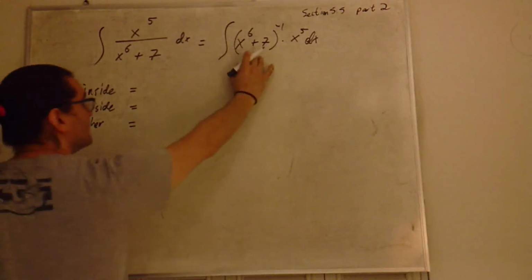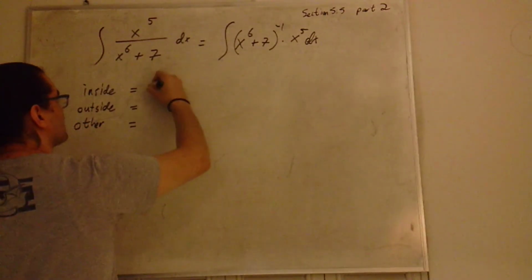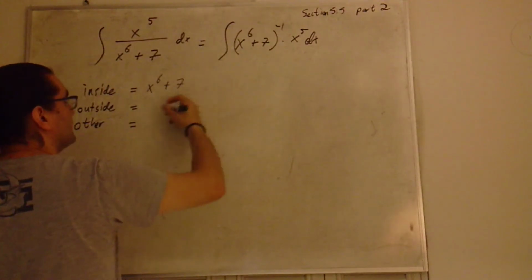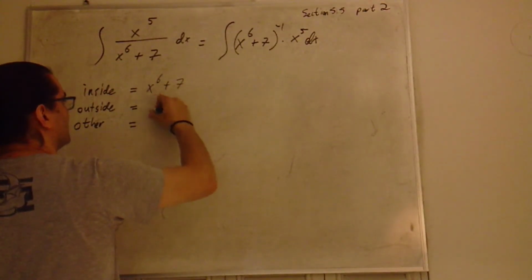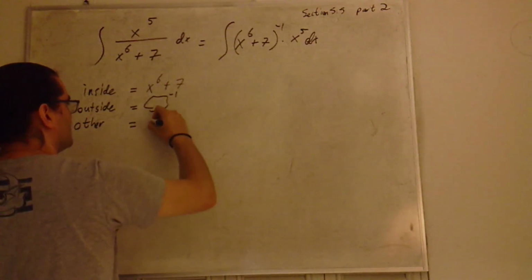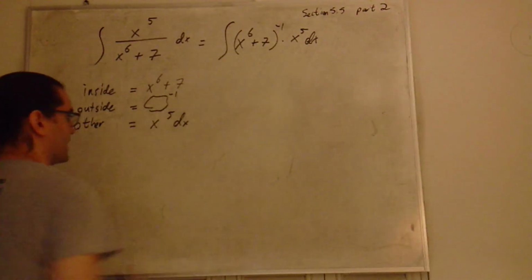The inside, according to these parentheses, should be x to the 6th plus 7. The outside should be something to the negative 1, and the other should be x to the 5th dx.